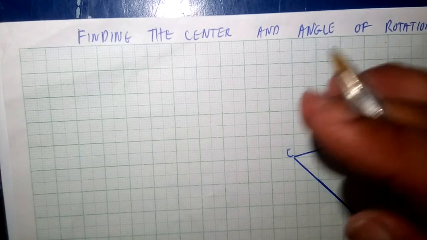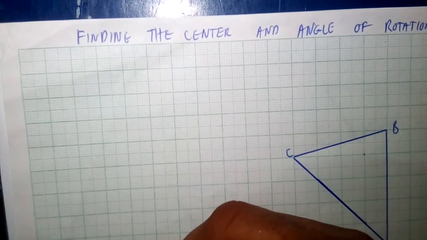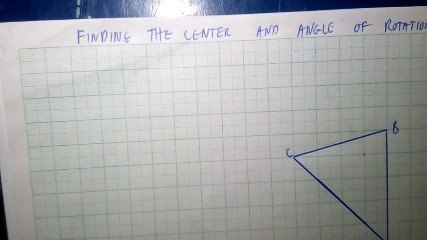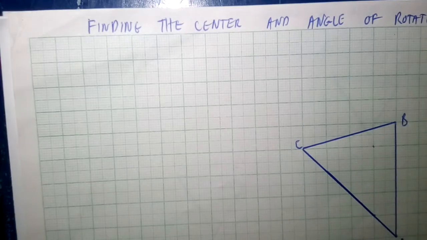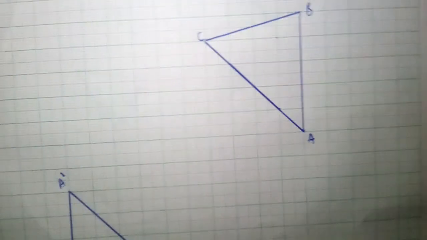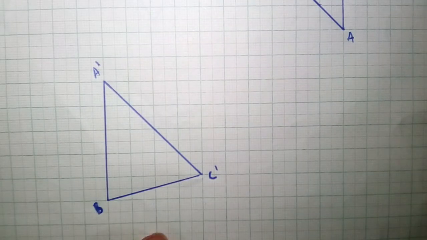So when this is rotated, C will then come here, C prime, and A prime will come here, and B prime is going to come right here. So I'm going to be using a graph paper so that we can see much better. It was not that visible, so let me increase this a little bit more. So this is our original diagram, this is our image diagram.